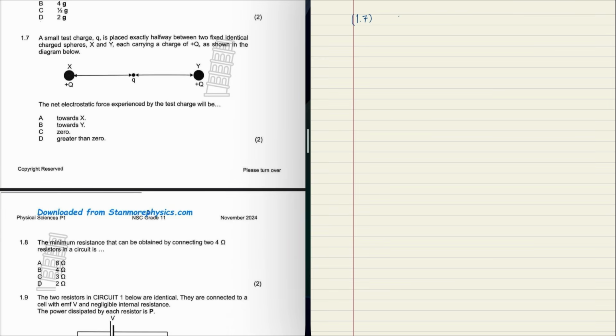So the answer is C. That's because if you imagine this test charge as a positive charge, it's going to be repelled this way and it's going to be repelled that way. Because those charges have the same charge and are the same distance apart, the forces are going to be the same. So it's going to be pushed to the left and pushed to the right with an equal amount of force, so essentially they cancel.